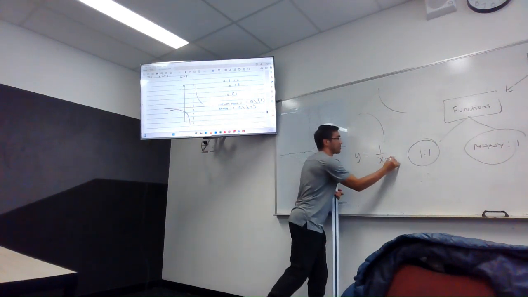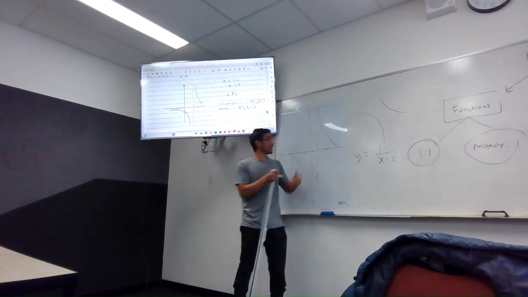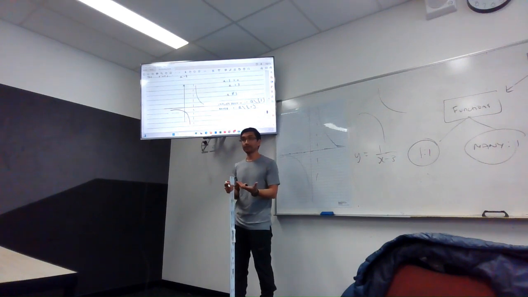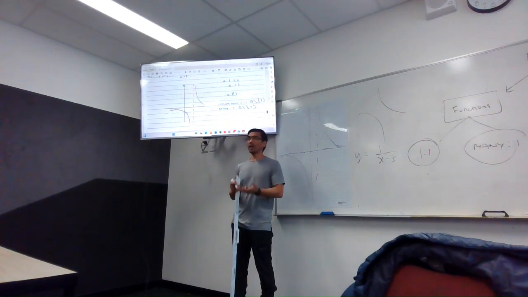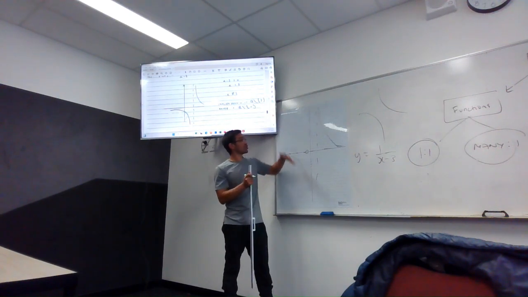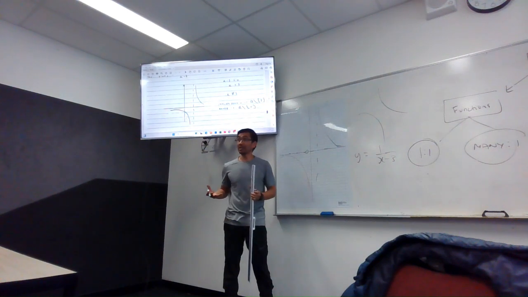In this case, it's x minus 3, so x can't equal 3. But is there any y-intercept? There is no y-intercept. This 0 here gets skipped. It jumps from here to here. And you can't mathematically do it.